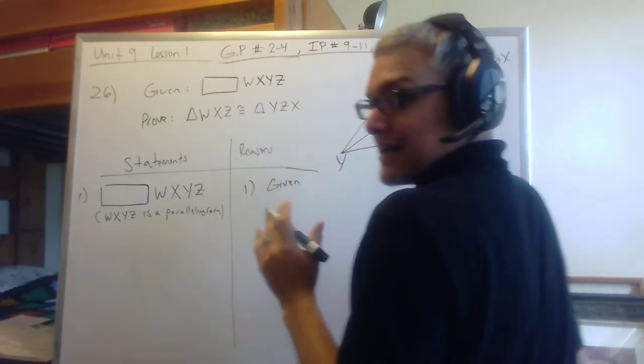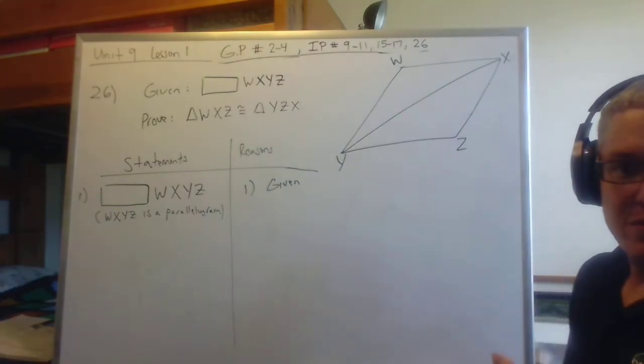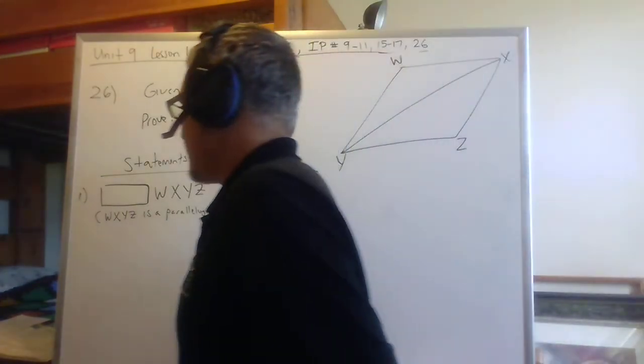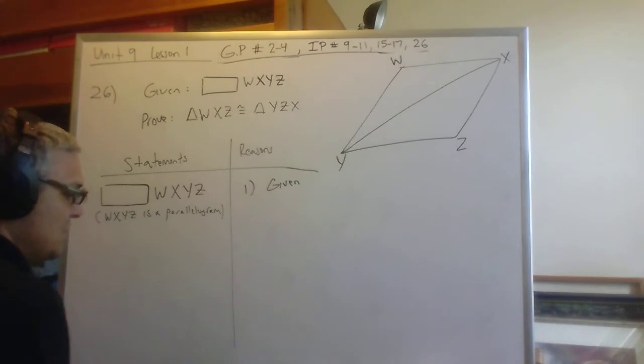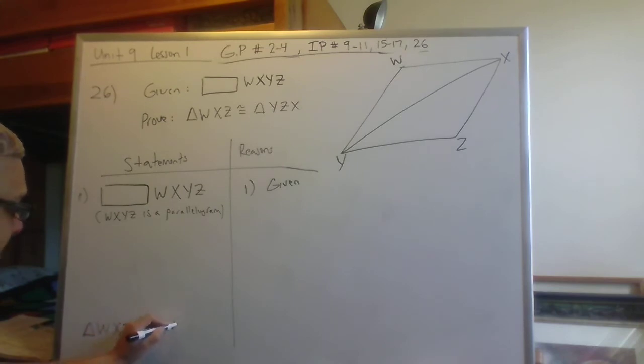And as I've discussed in other problems, we always want to write down at the bottom of the proof. We don't know what number it is, but we want to write down what we're going to prove. So we want to prove that triangle WXZ is congruent to triangle YZX.